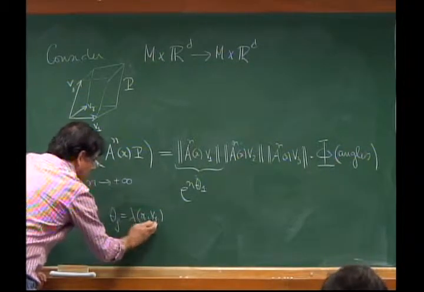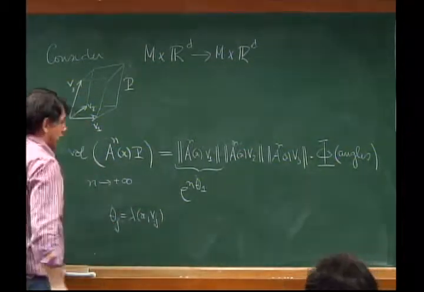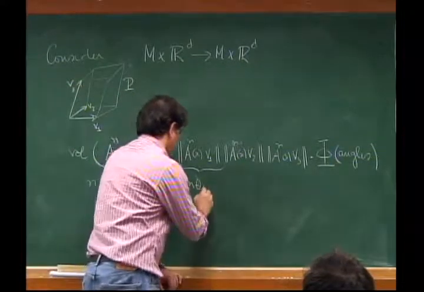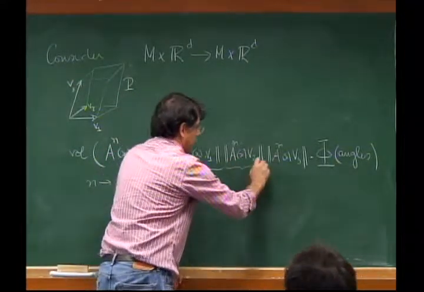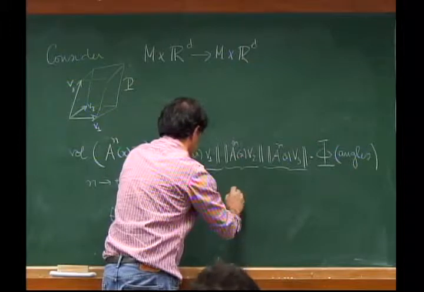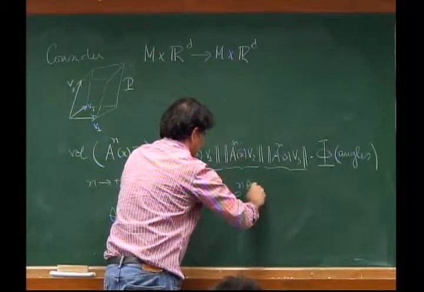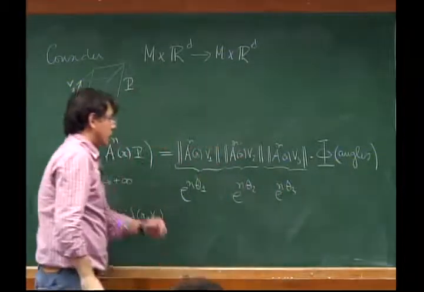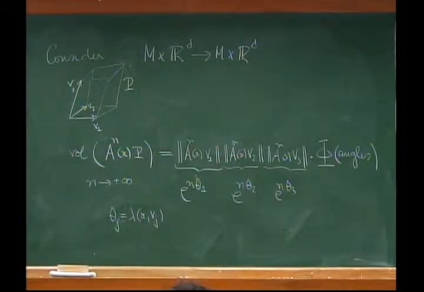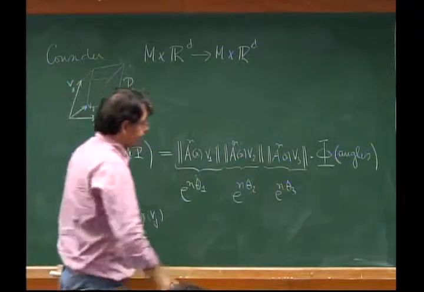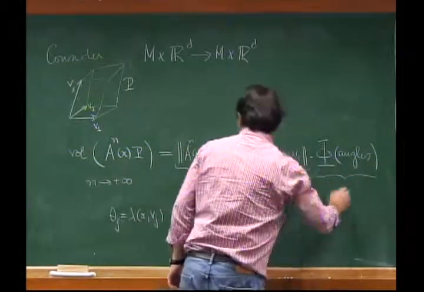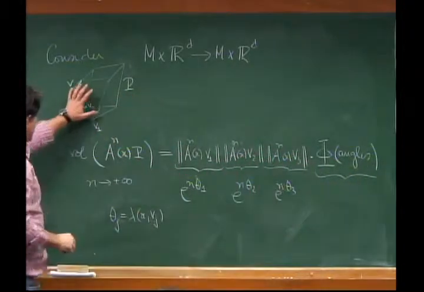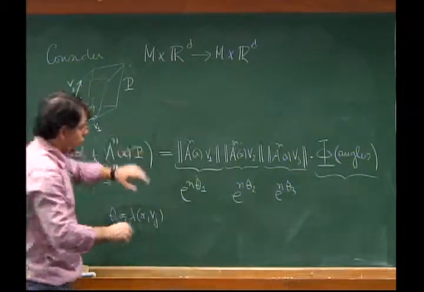Theta j is the Lyapunov exponent for vj. And of course, then we have similar expressions for the other edges. And then we have the angles. And when we say the angles, it's not the angles here, it's the angles in the image.